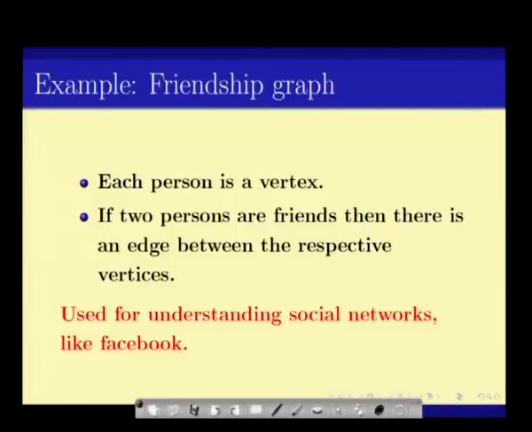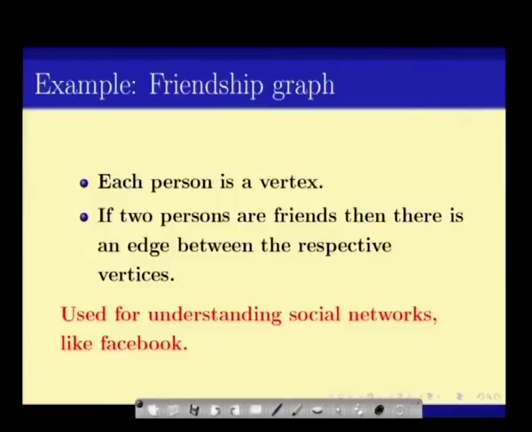But this kind of concept has been used a lot in understanding social networks like Facebook. For example, people who are familiar with sites like Facebook and Twitter and so on, one can represent each of the individual profiles as a vertex.